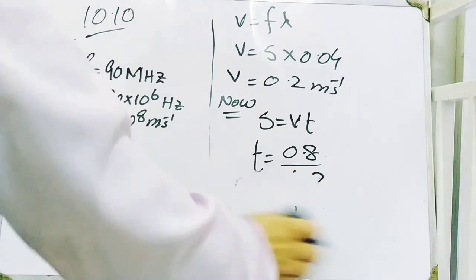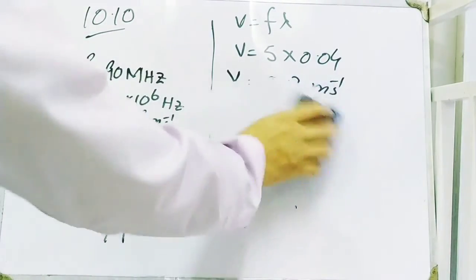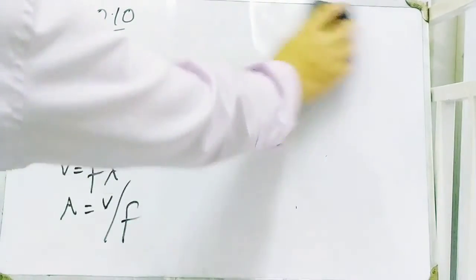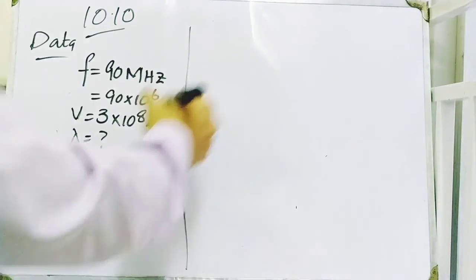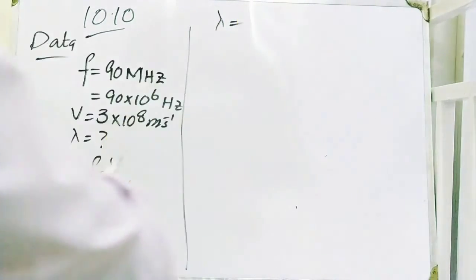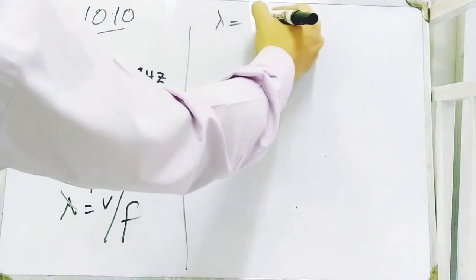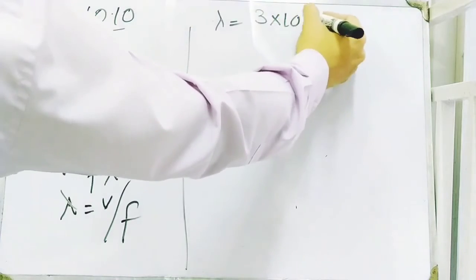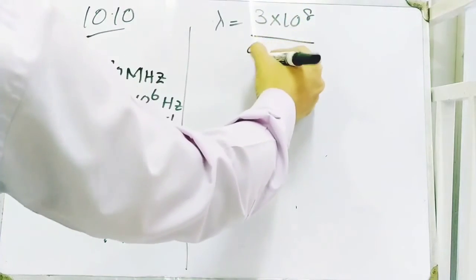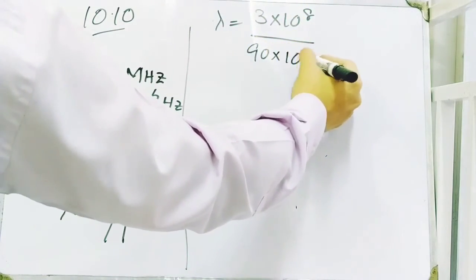So we just have to put the values for these variables. As lambda is equal to V over F, we have 3 into 10 raised to power 8 and 90 into 10 raised to power 6.